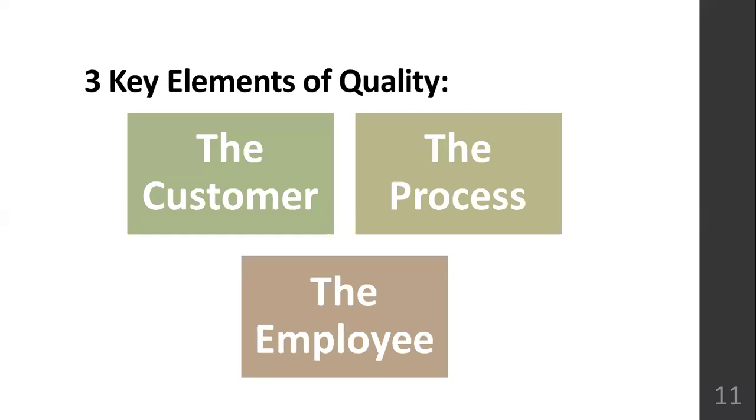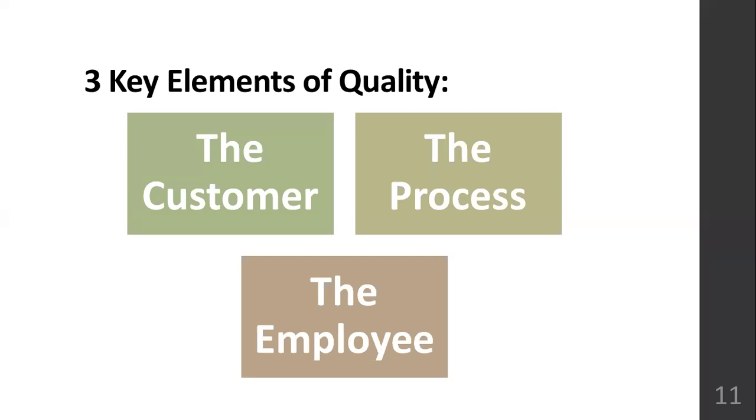Key elements of quality: the customer, the process, the employee. The customer is an important element because customers decide the quality. It's the customer who decides the quality. The process, another important factor, because process should be preventive, not detective. Processes should be preventive.